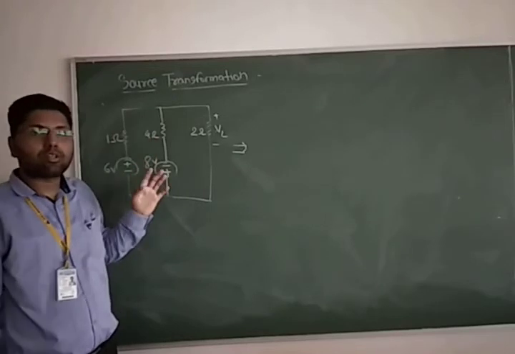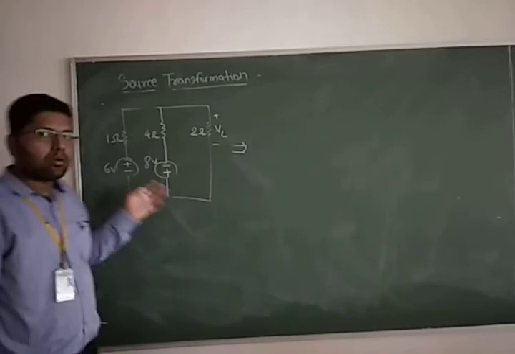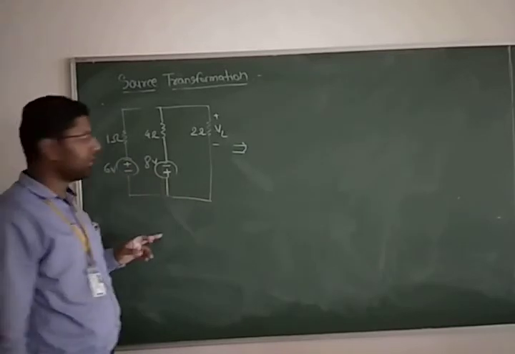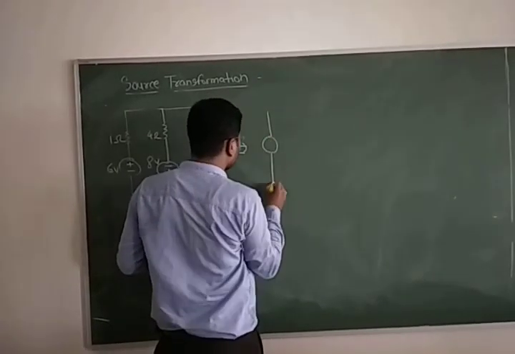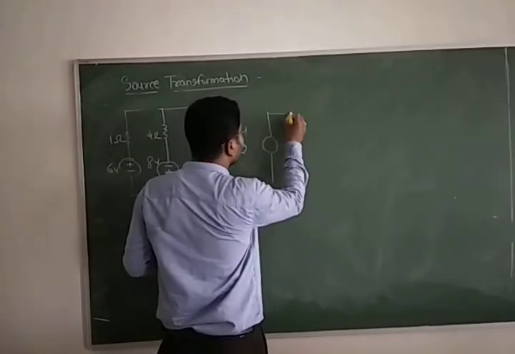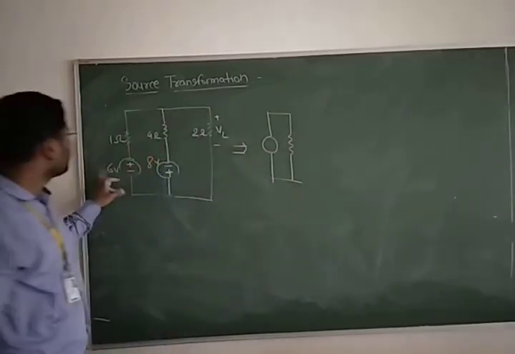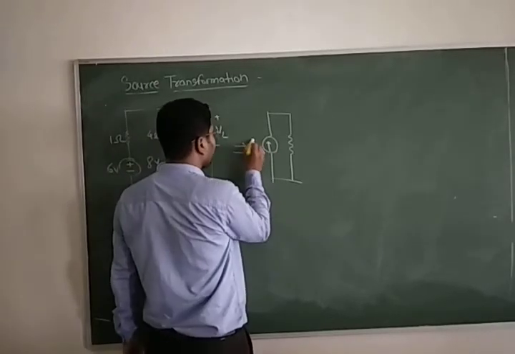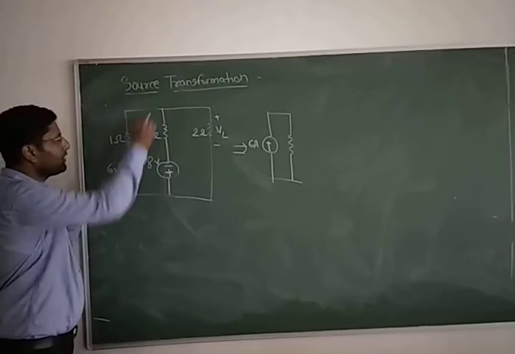So what is the procedure? We have to convert that by using Ohm's law. So I is equal to V by R, that is 6 by 1, which is 6 ampere. And what will be the direction of the current? And the resistance will be in parallel with the current source. So the current source is 6 by 1, that is 6 ampere, and that will be in an upward direction. Why upward direction? Because this is the higher potential and the lower potential.